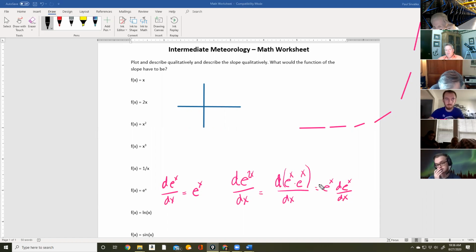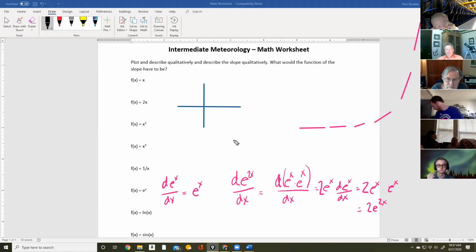So can I just simplify life by saying 2? But what's the derivative of e to the x? E to the x. But what's e to the x times e to the x? E to the 2x. So it's e to the 2x.